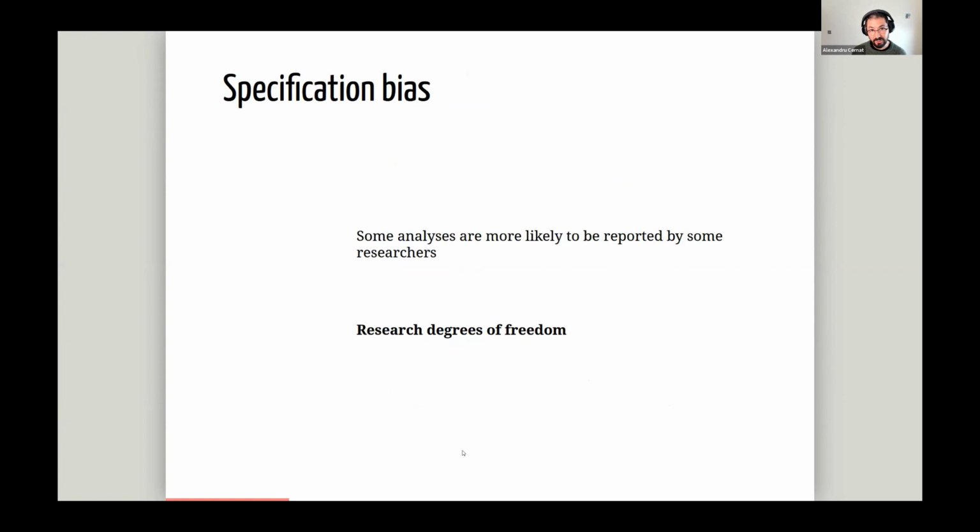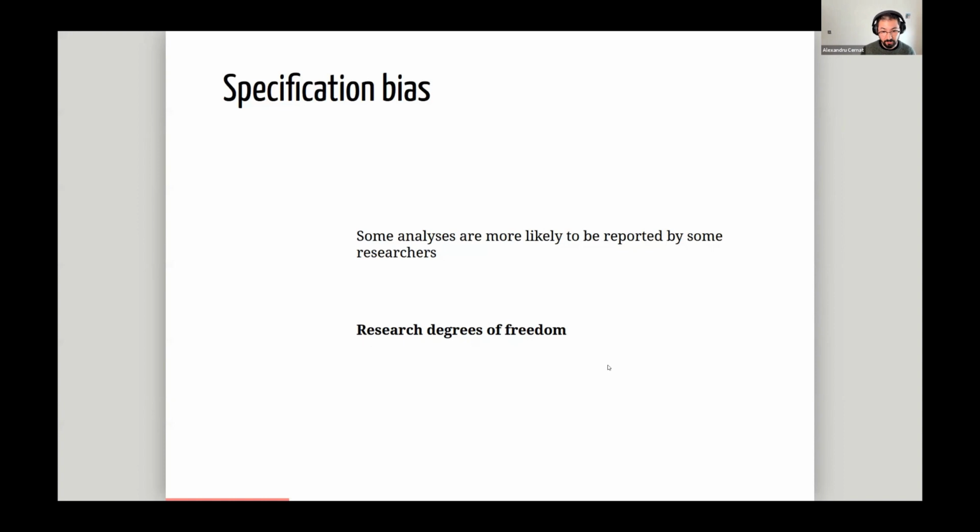This issue is that some research or some results are just more likely to be selected to be in the article and be published. This depends on what's also called research degrees of freedom. The idea is that you as a researcher can make lots of decisions, and these decisions will impact the results. And some of these decisions are arbitrary.